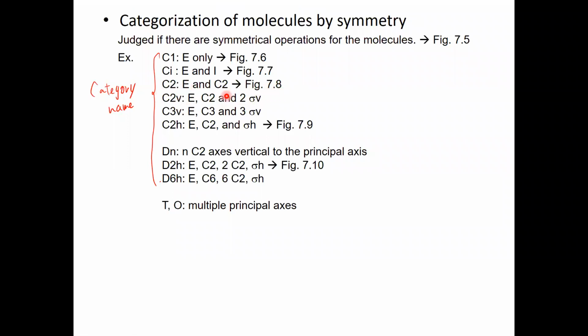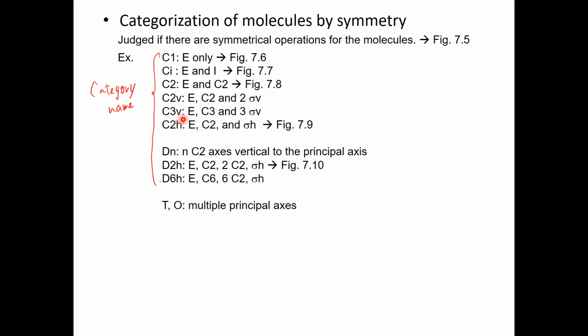And like this, in each category name, each molecule has several symmetrical operations. For example, C2v, you need to have a C2 and two sigma v operations, two mirror operations.